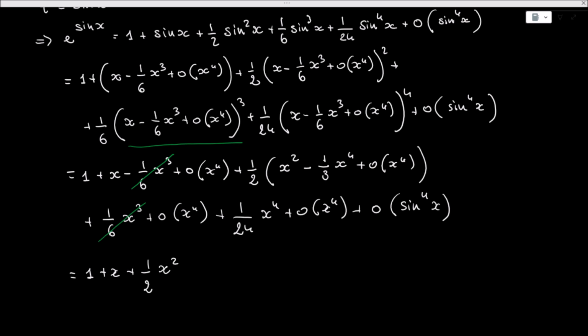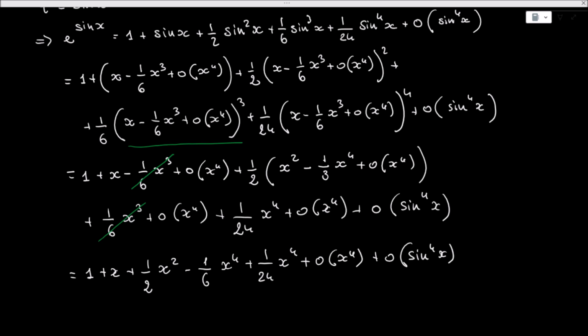This of course remains, and then we have minus 1 over 6 x to the fourth plus 1 over 24 x to the fourth, and of course all the little o of x to the fourth by the properties of little o gets just into 1 little o of x to the 4 plus little o of sine to the fourth of x.